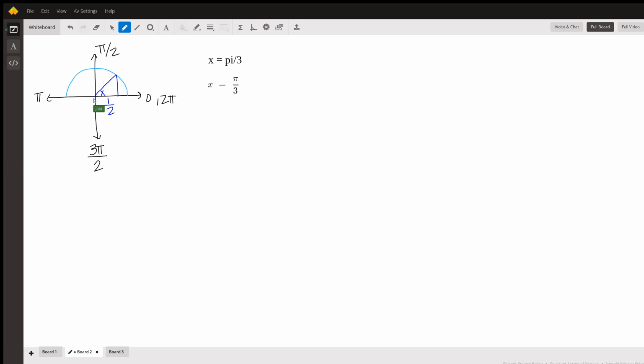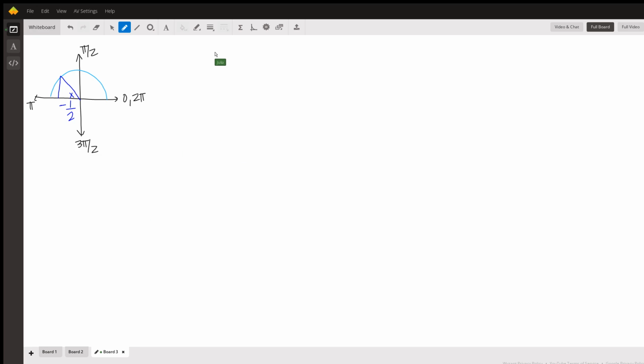Now let's go ahead and see when cosine x is equal to negative 1/2. So here we're going to show when cosine x is negative 1/2. So this is where our adjacent side is now negative 1/2 and we want to find x.